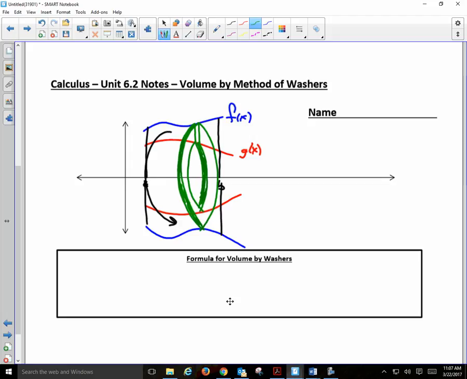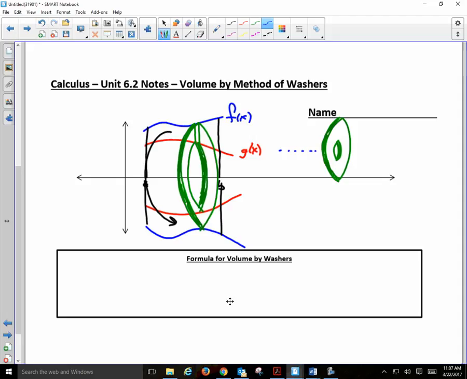So what we have to do is, you'll get better at drawing the washer shape here. So here's my washer. Let me extract it out here and take a glance at it.